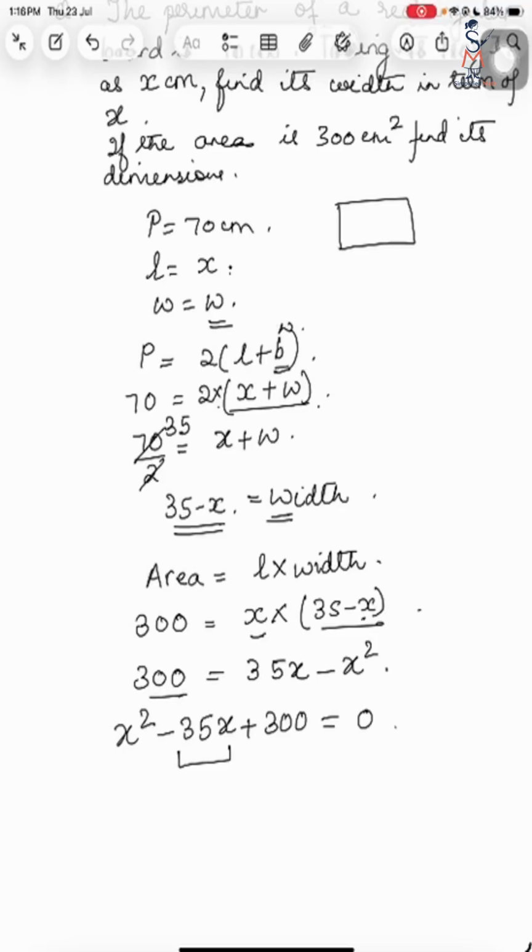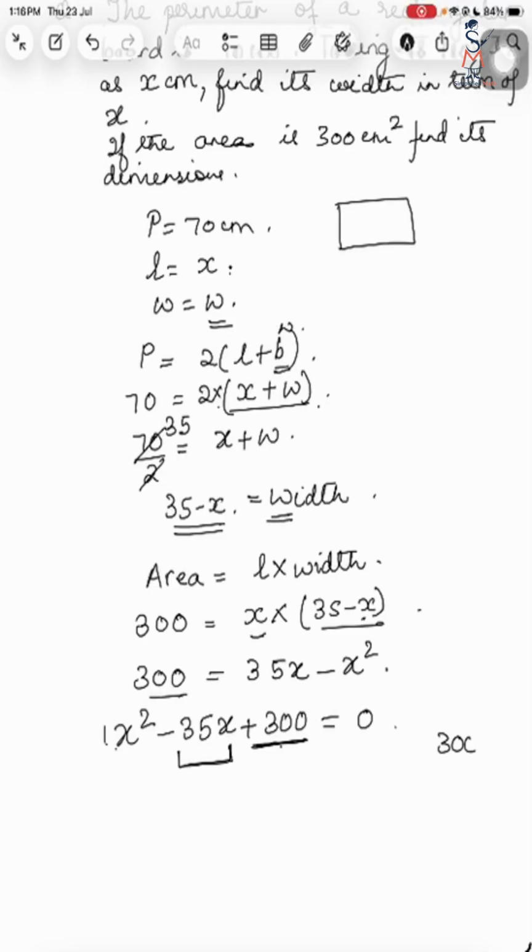The middle term has to be written in such a way that when you multiply, you should get this last constant, because the coefficient of x is 1. So here we will concentrate only on the constant part. What should the middle term be? The middle term has to be split into two numbers such that when you multiply those two numbers, you get plus 300.